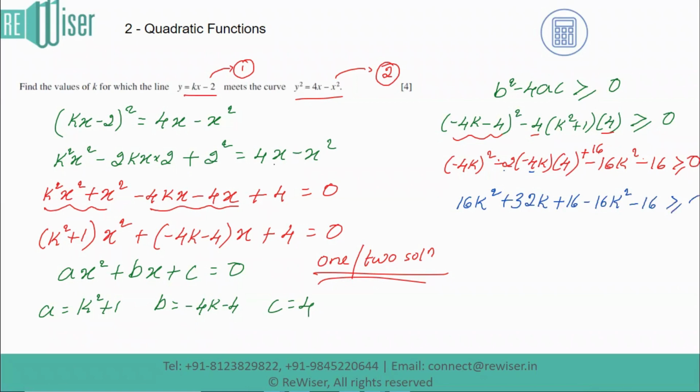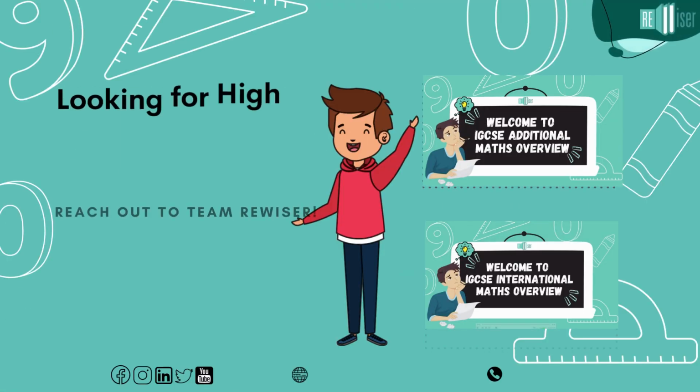And this must be greater than or equals to 0. Minus 16 plus 16 will get cancelled out. Minus 16k square plus 16k square will get cancelled out. That will give us the final answer: 32k should be greater than or equals to 0, which means k must be any value which is positive. So that means k could be any value which is greater than or equals to 0. At that time, I could say this graph would meet the curve. So this is the right answer for this sum.